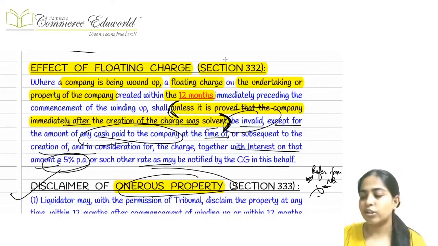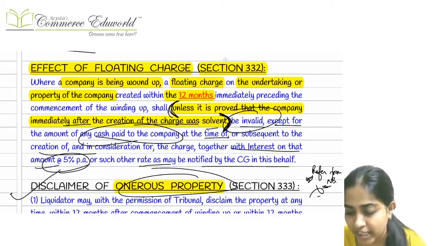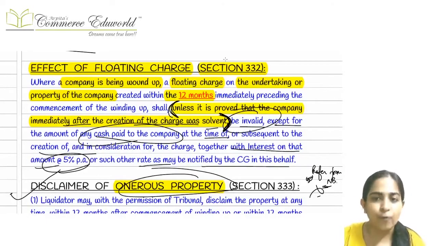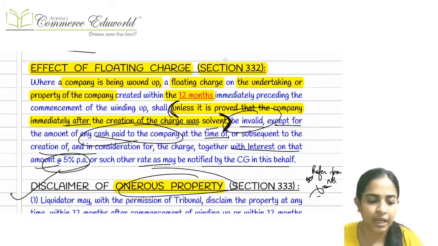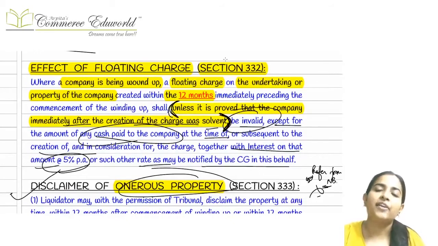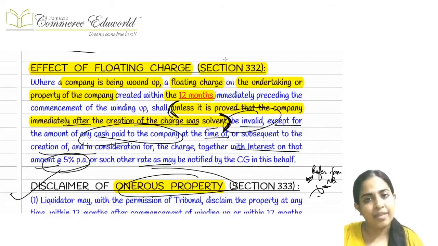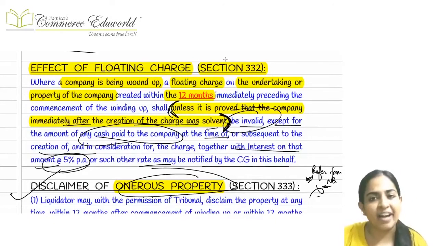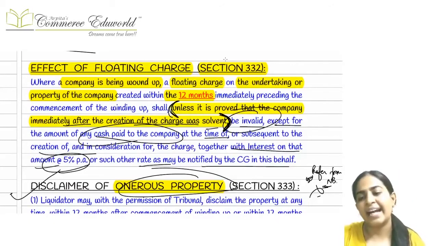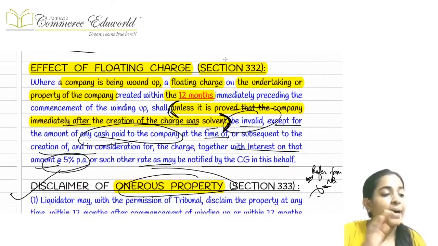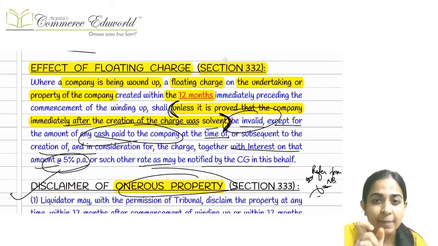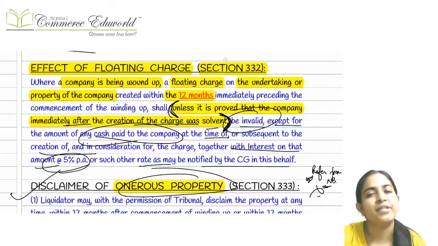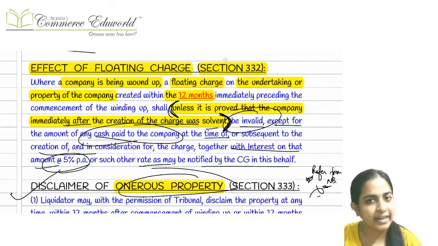Now, similarly for the floating charge, suppose the company had created any floating charge on the assets of the company during the last 12 months before the winding up, then they are telling that that floating charge will be treated as invalid. But the money of those creditors, I had given the example of the debenture holders, the money of those debenture holders will be secured to the extent of the principal amount plus interest at the rate of 5% per annum on it.